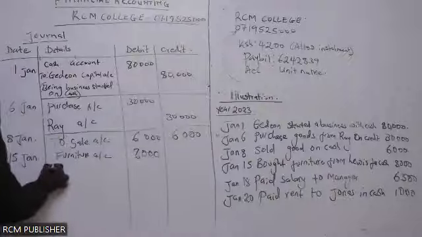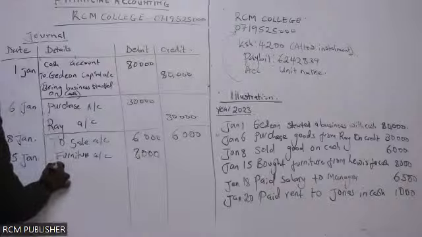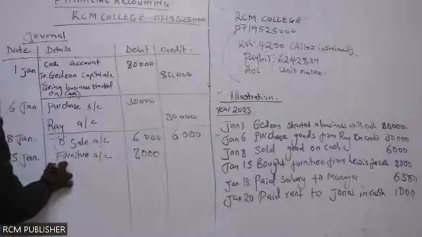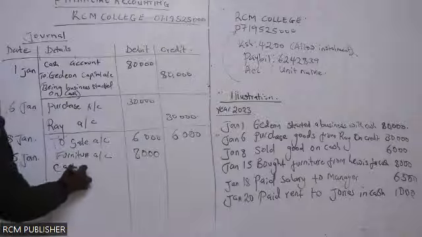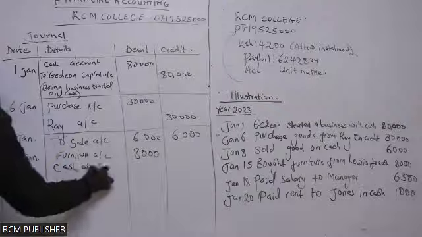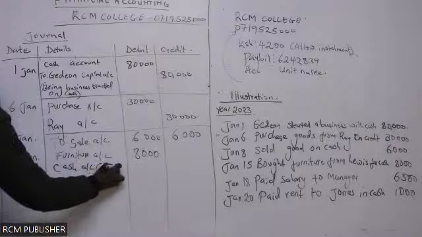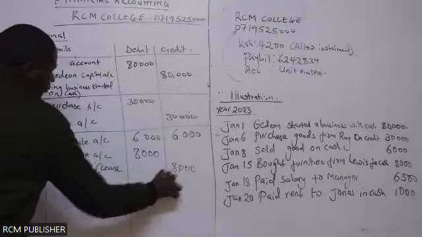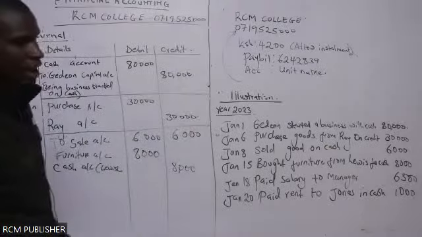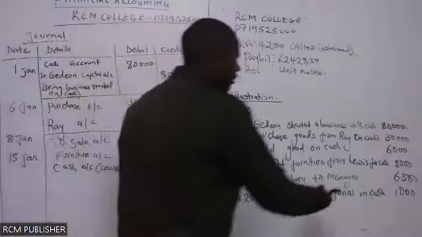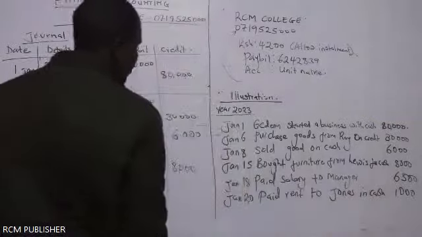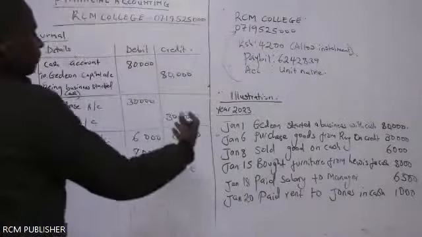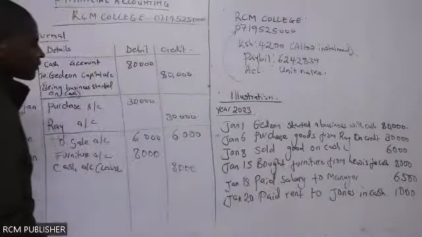And then we credit cash with 8,000, because it was done by cash. Therefore, Lewis gets that.